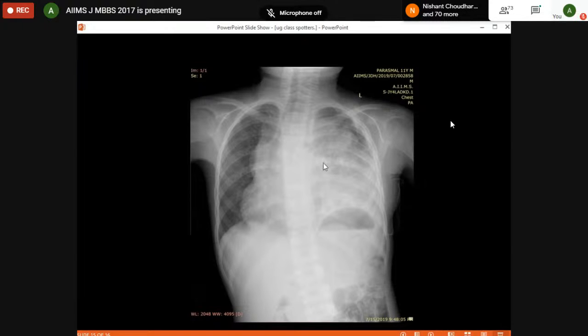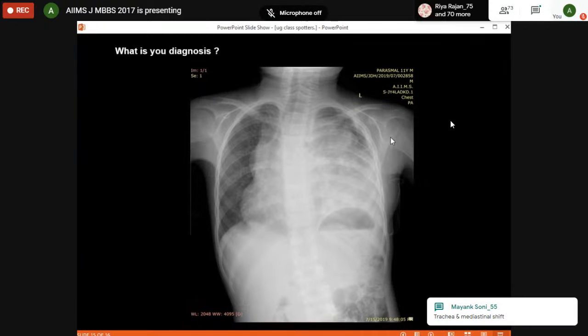So what do you think that opacity or lesion could be if there are some calcifications? Just think that there is a lesion and it contains calcification within. So what can you call that lesion?